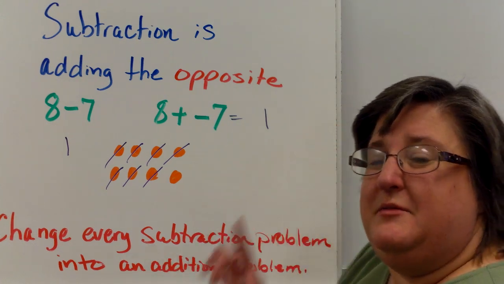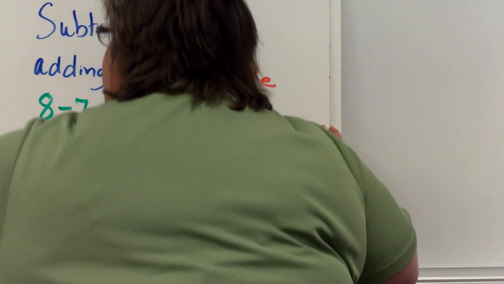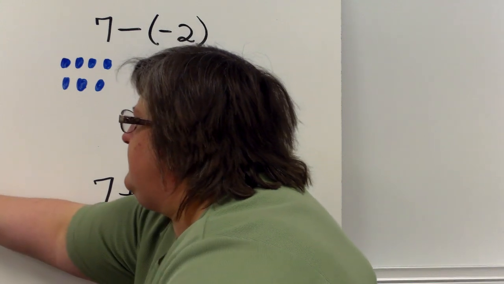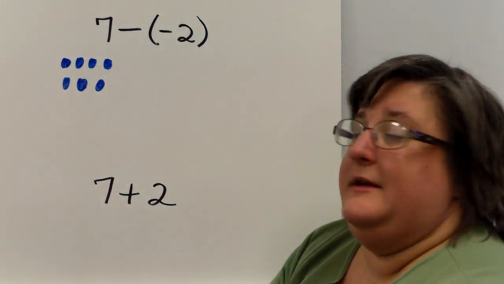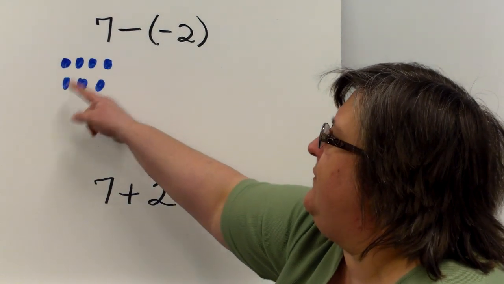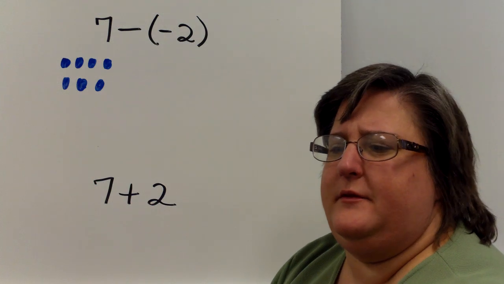Now this one was nice because we dealt with two positive numbers. In this case, we have 7. 1, 2, 3, 4, 5, 6, 7. We're going to try to take away a negative 2.